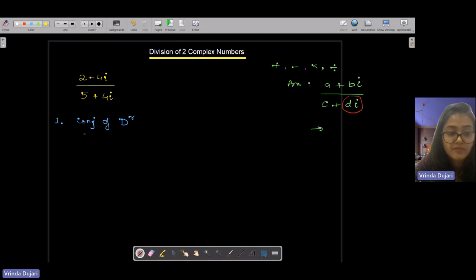Your denominator is 5 plus 4i, so its conjugate will be 5 minus 4i, right? Second step, we will multiply the numerator and denominator by this conjugate, so by 5 minus 4i.